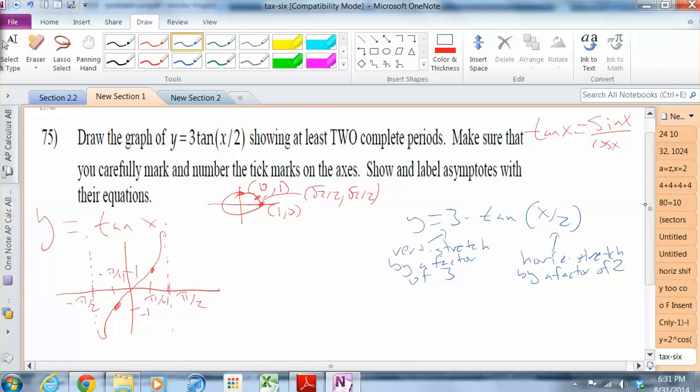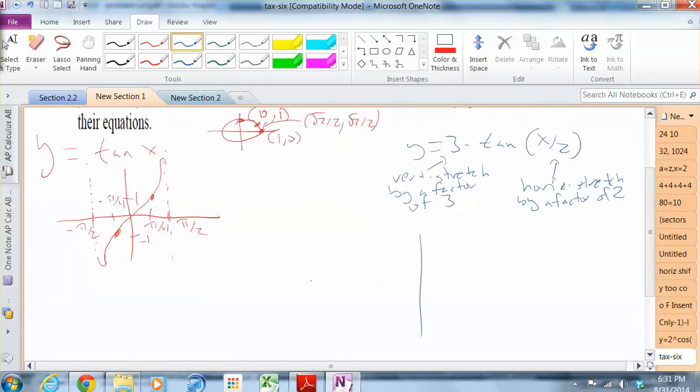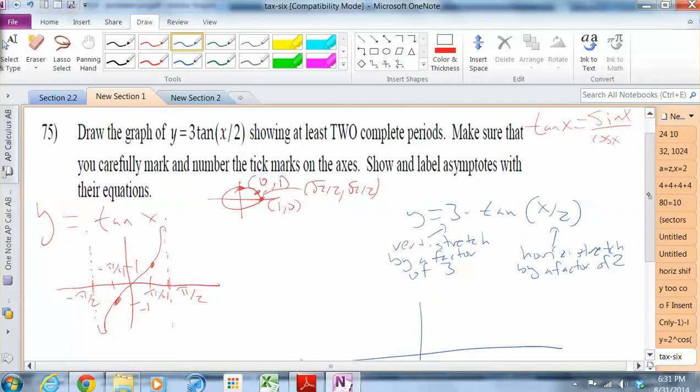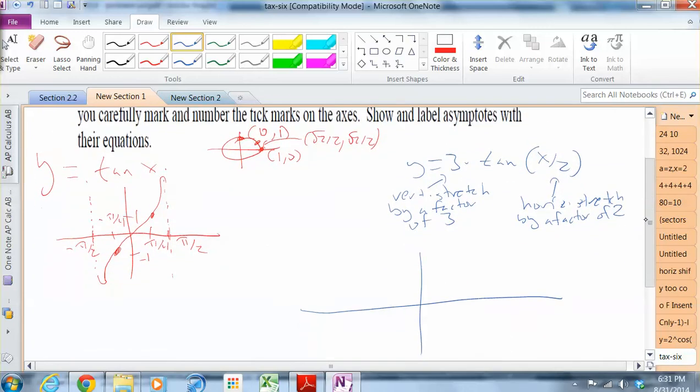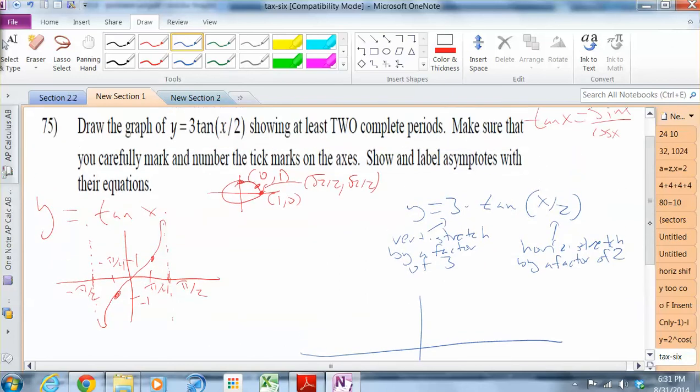Now, the asymptotes will no longer be at negative pi over 2 and pi over 2. What we're going to have to do is multiply our x values by 2.